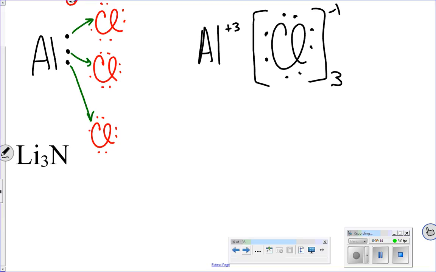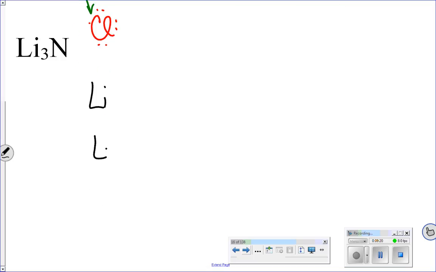Lithium nitrate, if you take a look at this one, I have a total of 3 of these lithiums, 1 electron each. Sorry, a little moment there. So these 3 electrons, and nitrogen has 5 valence electrons.